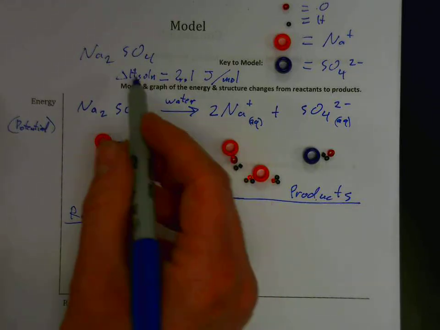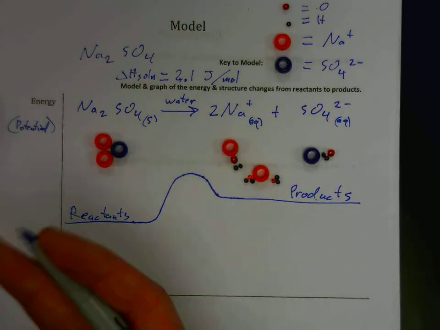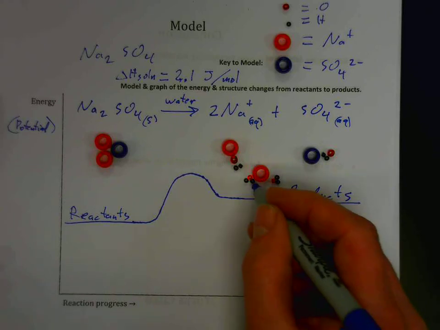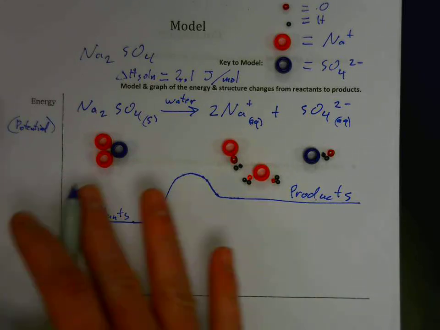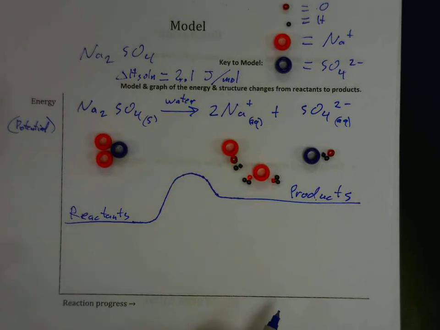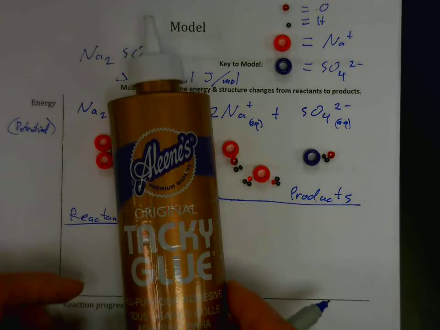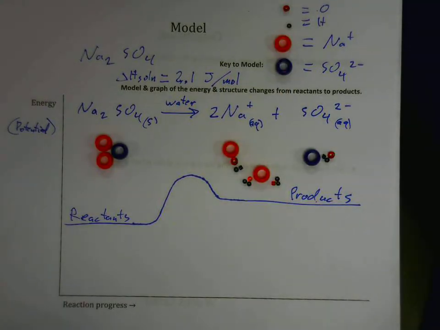So this is what it would look like if it was sodium sulfate, but each unique salt is going to look a little bit different. So you'll need to consider your specific case, your specific salt, and then of course once all the beads are in place, then use some tacky glue and just glue everything in place. Then you can glue the entire model onto your poster board.